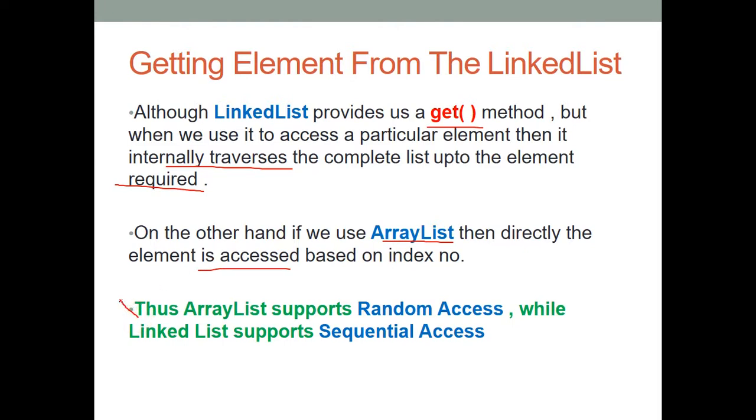Thus array list supports random access, because all the data have indexes, while linked list supports sequential access. You can't access the data directly and randomly. So this is the disadvantage of linked list.